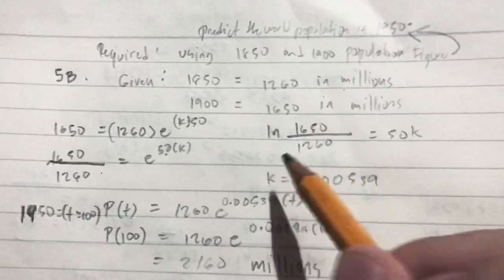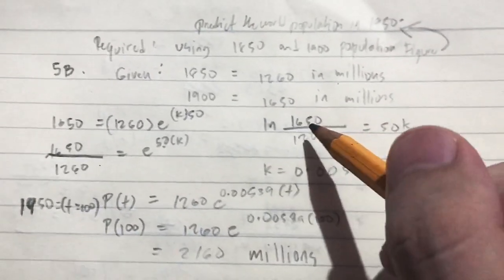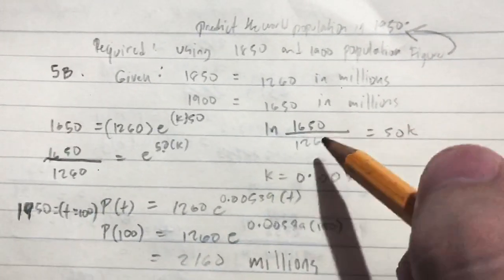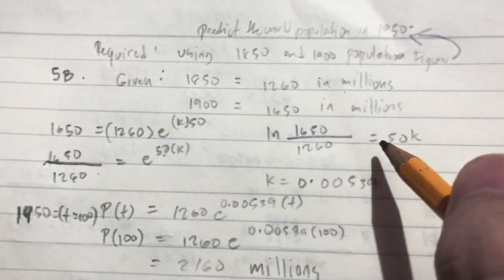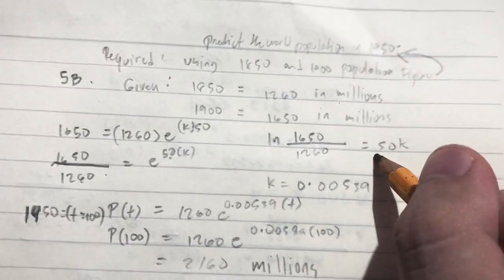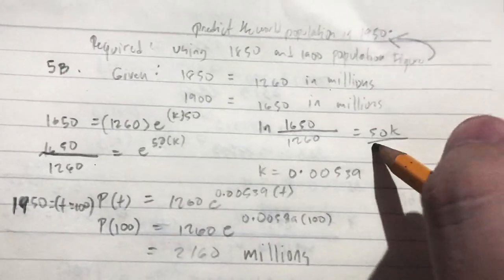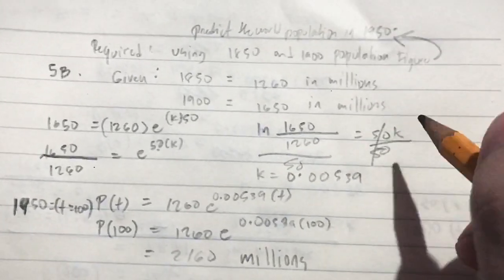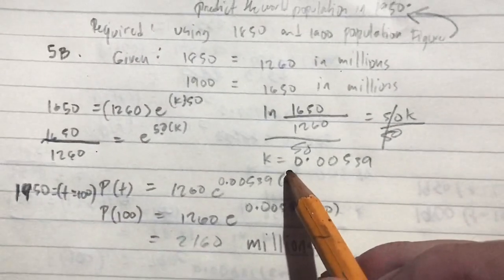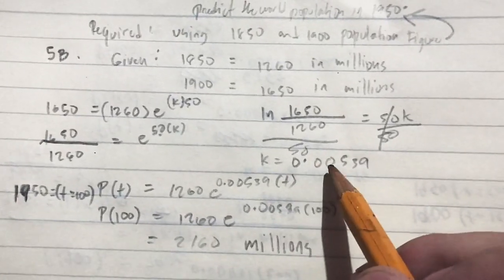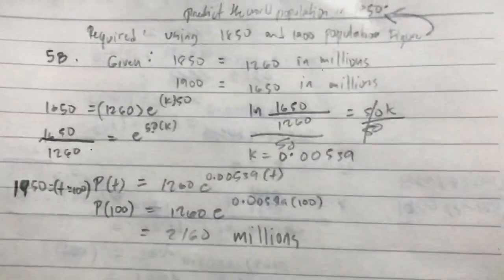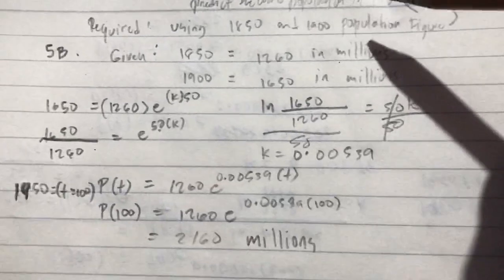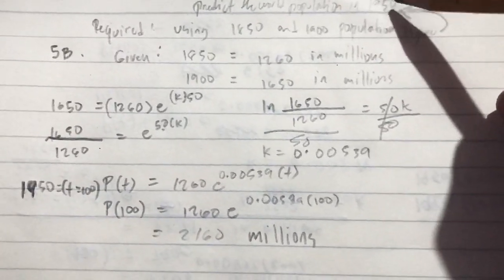So ln of 1650 over 1260 equals 50 times k. We'll simply divide both sides by 50 and cancel the 50, so k is equal to 0.00539.